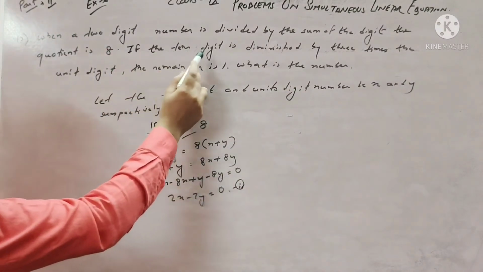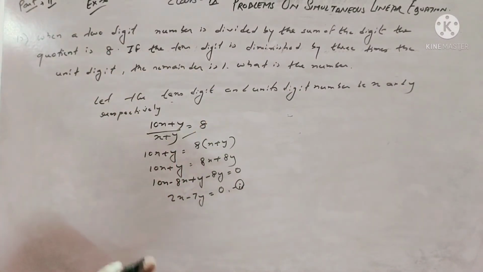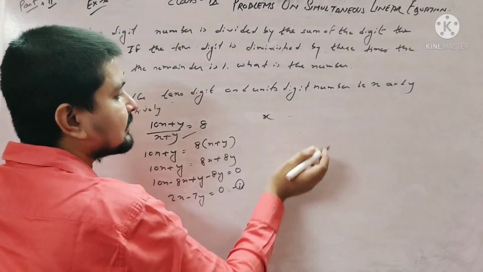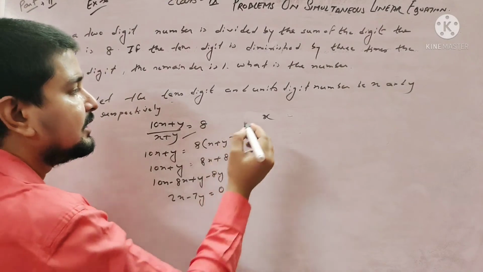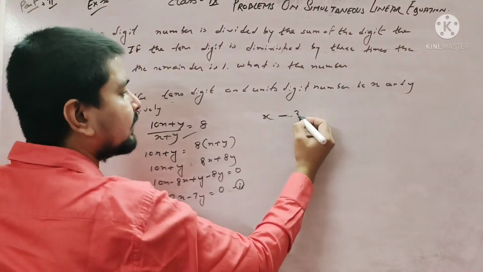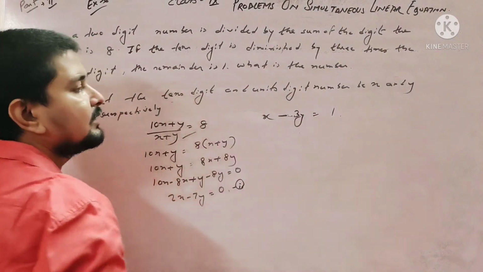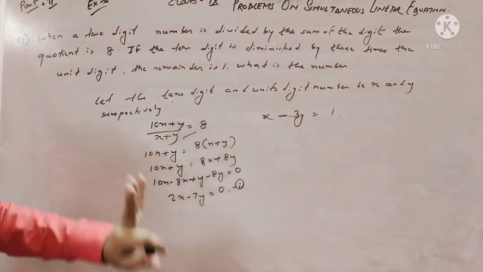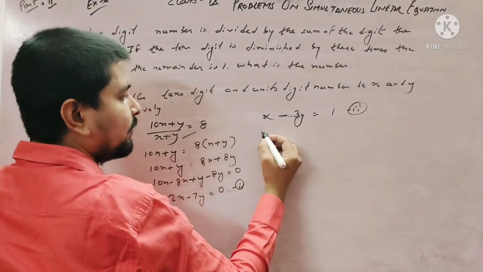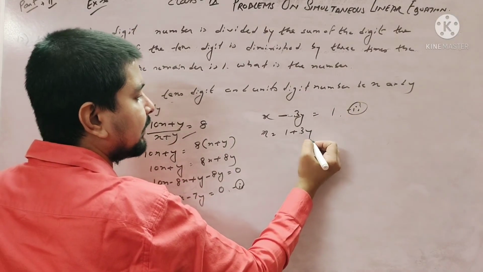Now, the tens digit x is diminished by 3 times the unit digit y, and the remainder is 1. So x minus 3y equals 1. This is equation 2. So the value of x is 1 plus 3y.